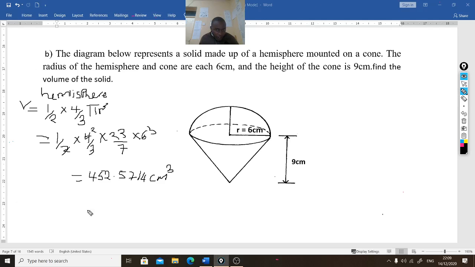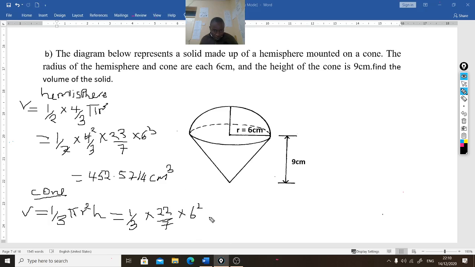Now we talk about the cone. For a cone, we know that the volume equals a third pi r squared h, which is a third times pi, 22/7, times our r, 6 squared, times our h, 9.